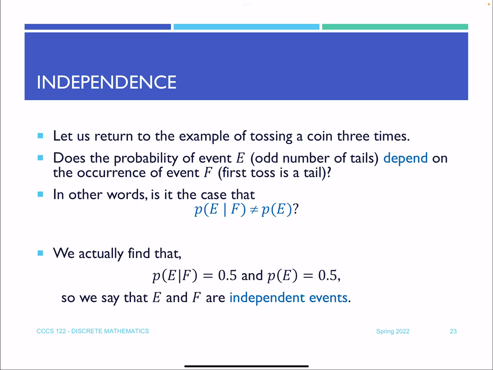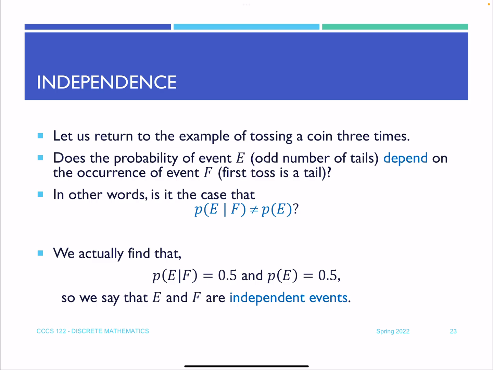Now, let's go back to the example of tossing a coin 3 times. Does the probability of event E, an odd number of tails happening, depend on the occurrence of the other event F, that the first toss is a tail?